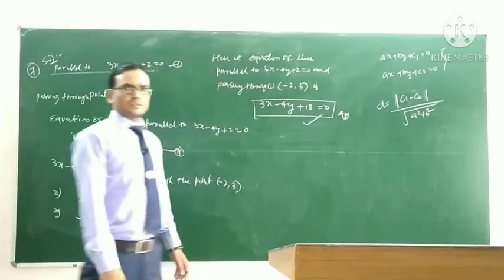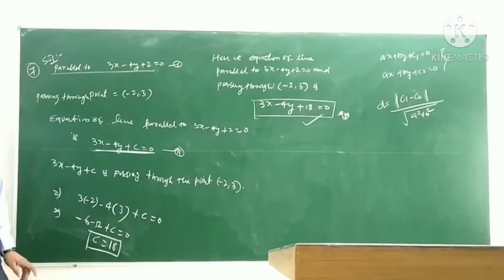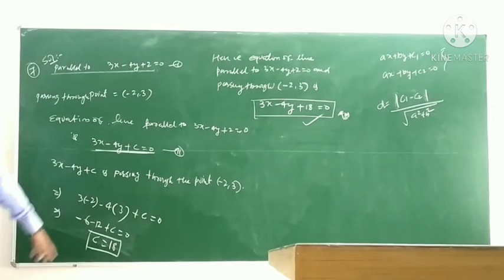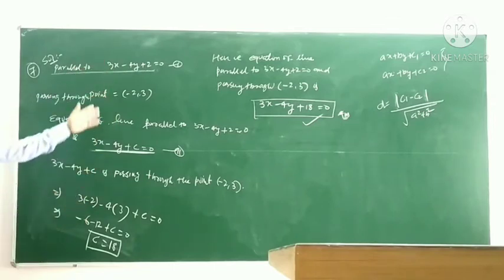Okay students, you understood this question? You find the equation of the line parallel to line 1 and passing through the point minus 2, 3.